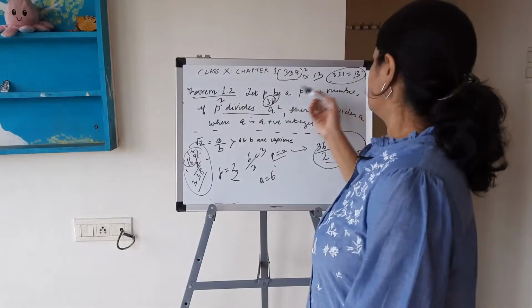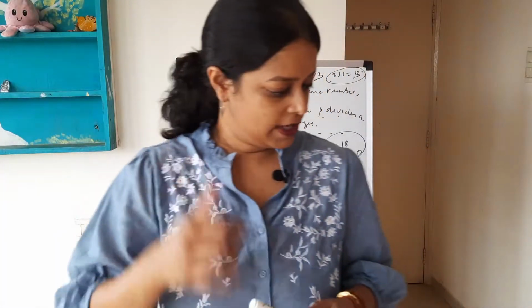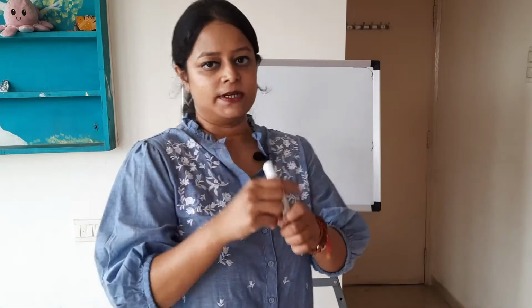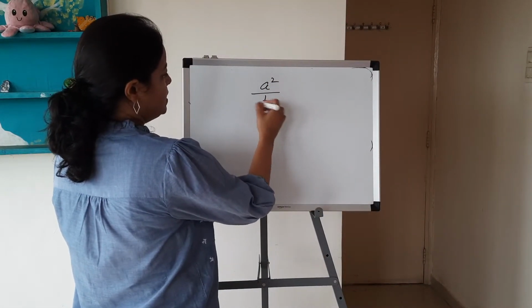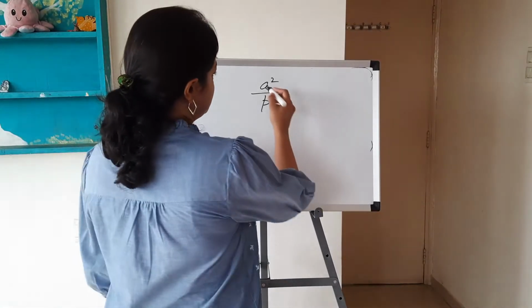So what does it really mean? If we just look at alphabets, it means that a square divided by p is completely divisible. When will it be completely divisible?